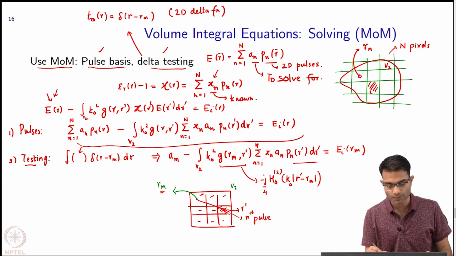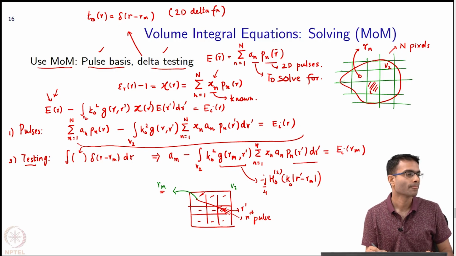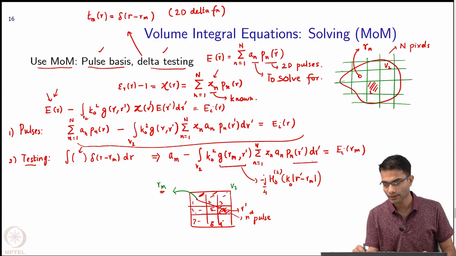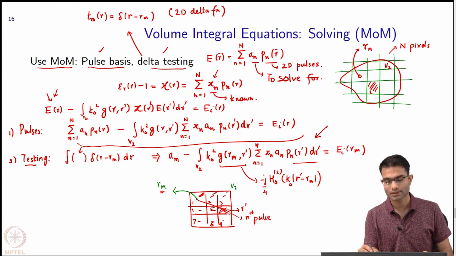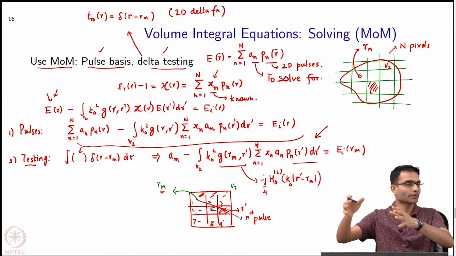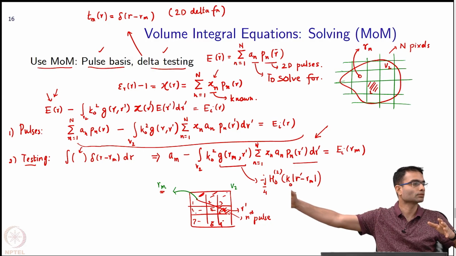When I integrate over this pulse, what is the coefficient involved? Unknown coefficient involved is? So, if this is pulse 1, 2, 3, 4, 5, 6, 7, 8, 9. When I do the integral over here, which of the A's will appear? A1, right. When I come here, A2, A3, A4 all the way up to A9. So, this term over here that I have written is, since it is a summation, I am going to get A1 something plus A2 something all the way up to A9 something, right.